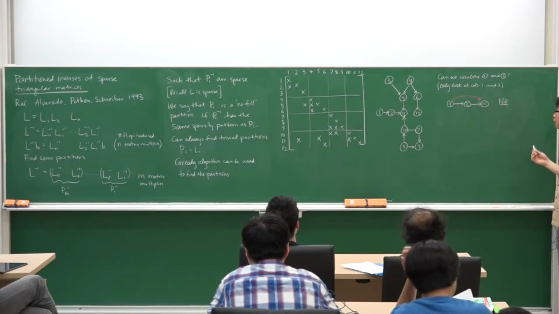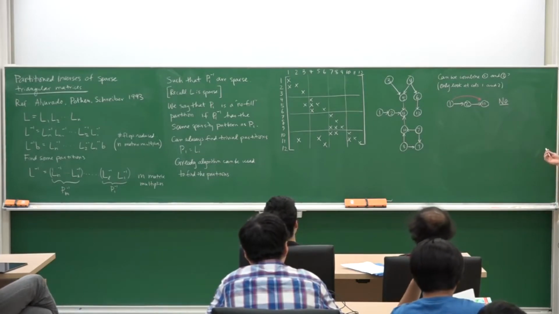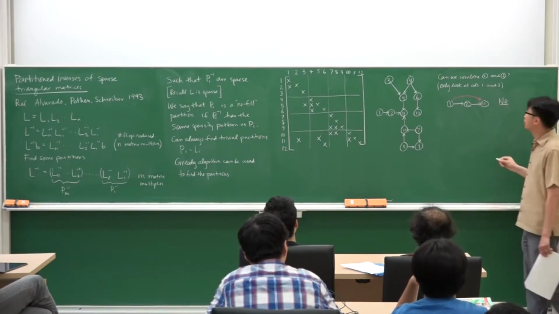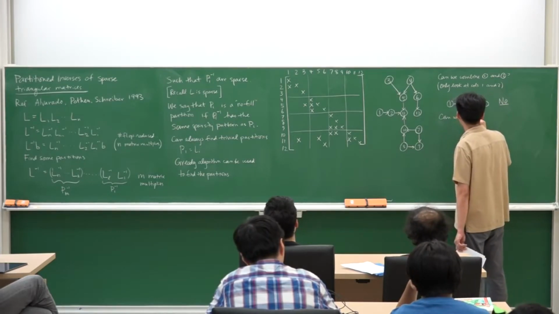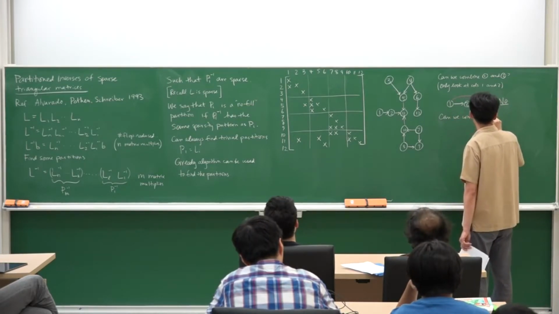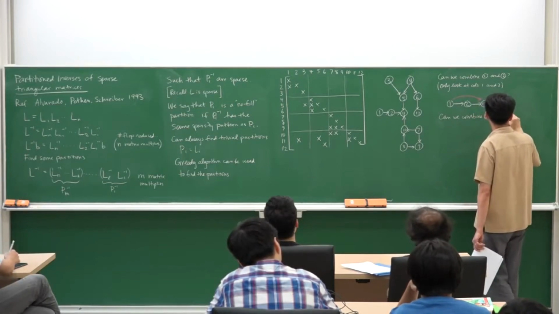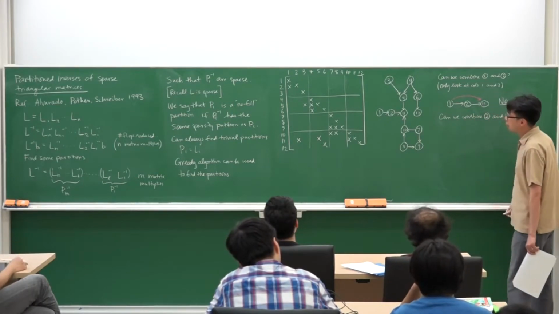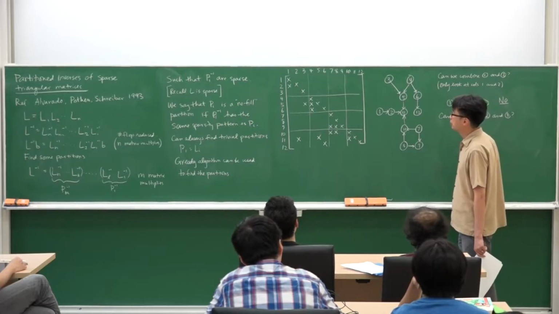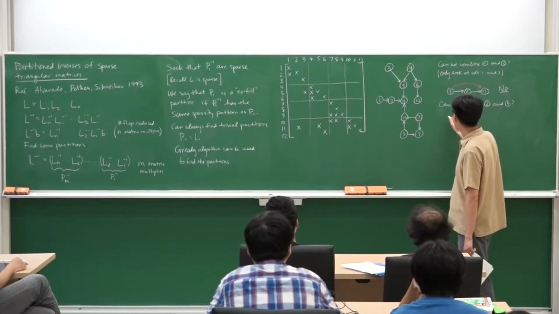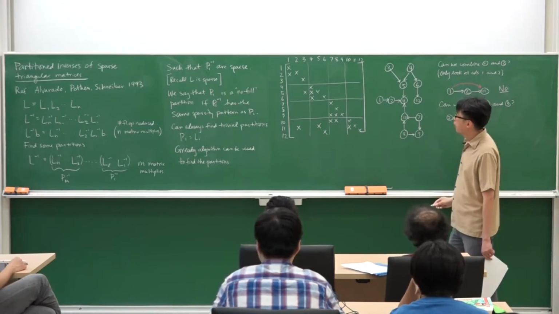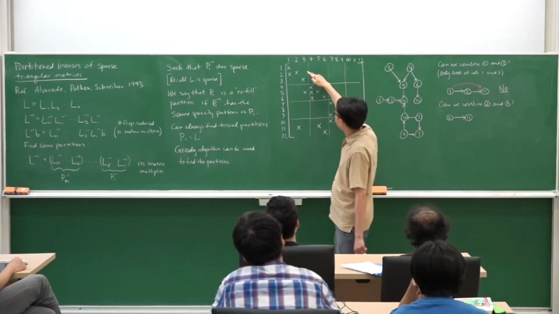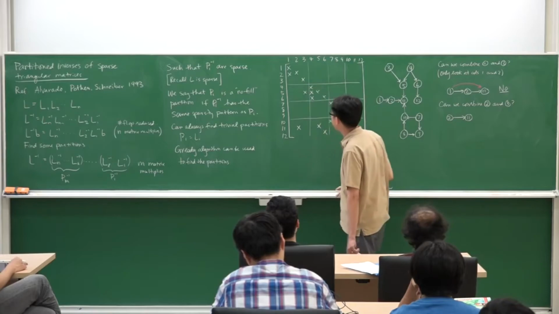Okay, so now in our greedy algorithm, we'll say, well, can we combine 2 and 3? So we look in columns 2 and 3. And 2 has an edge pointing to 11. And 3 has an edge pointing to 5.